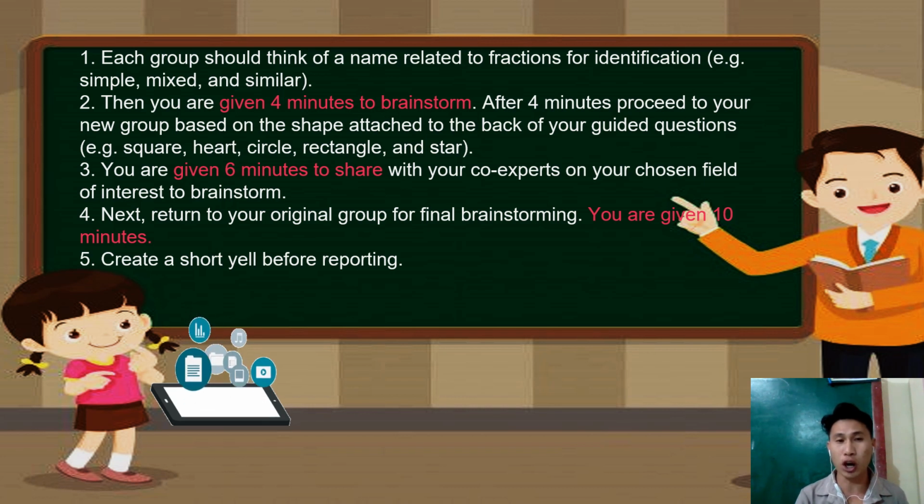to brainstorm. Next, you should return to your original group for final brainstorming. This time, we are expecting that the learners, after they go with their co-experts, the moment they return to their original group, are already experts. And as an addition, to make the lesson lively, I added an instruction that they should create a yell before they do their reporting.